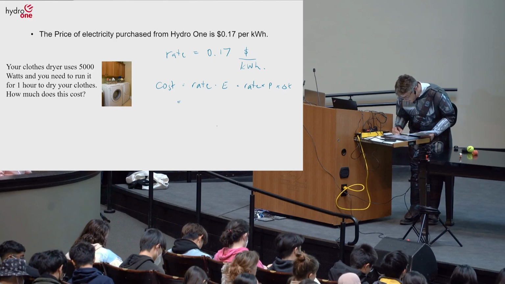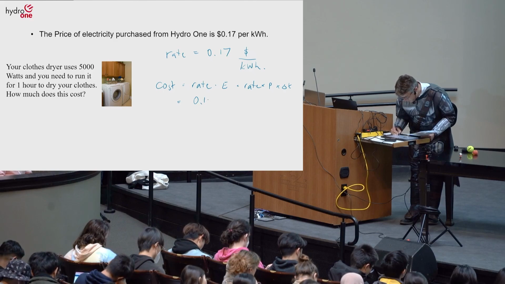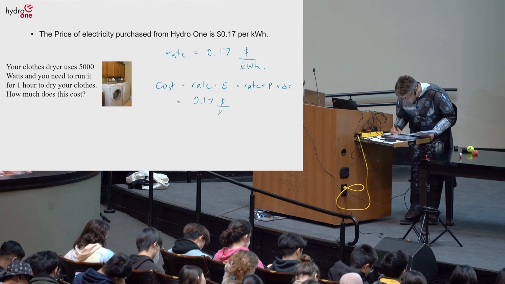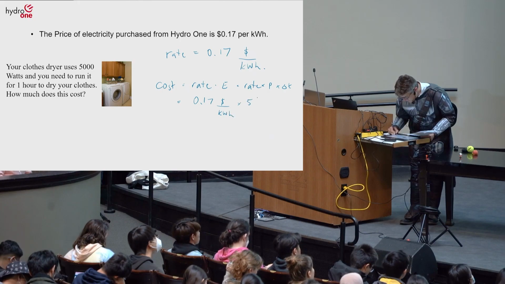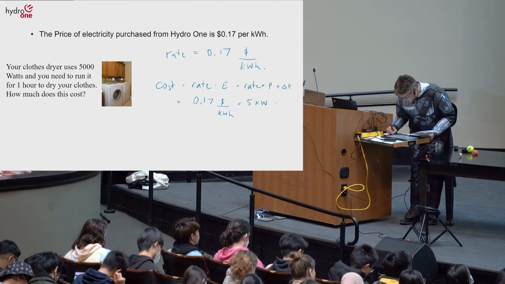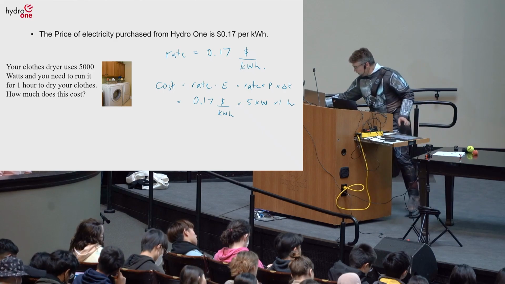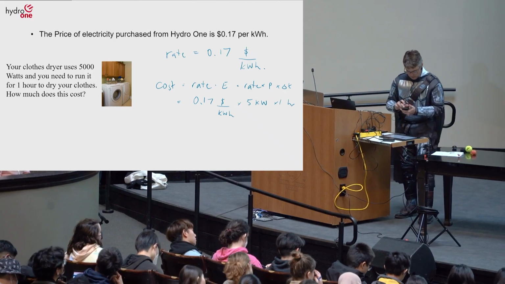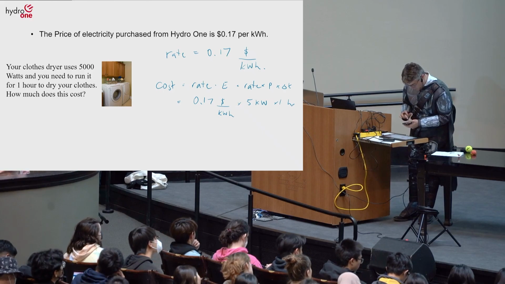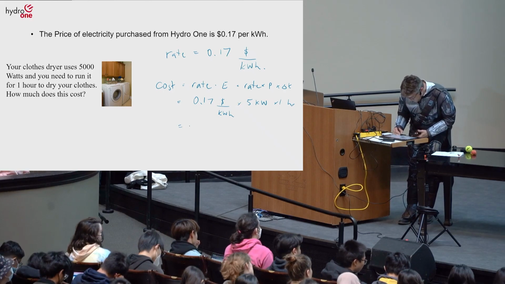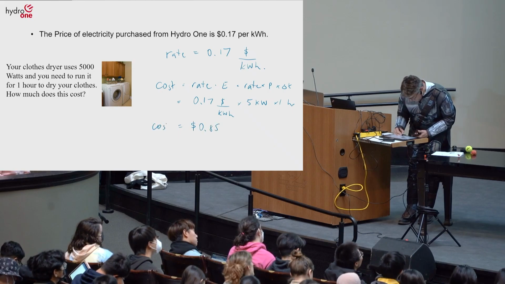So the rate, 0.17 dollars per kilowatt hour, multiplied times 5 kilowatts times 1 hour. And I get a calculation here, 0.17 times 5, 85 cents. So $0.85. Not very much.